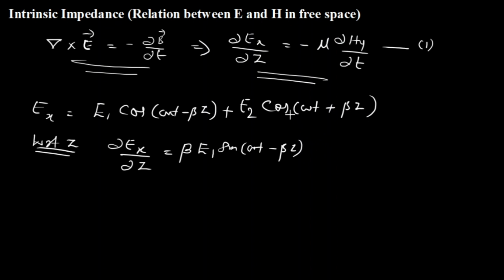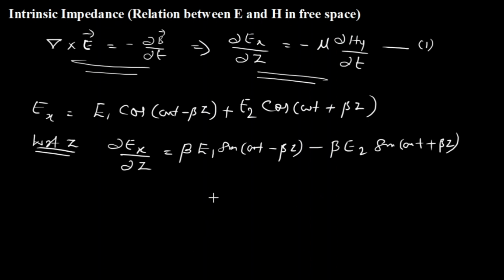The differential of cos is minus sine, so minus sin(omega t plus beta z) multiplied by beta, giving minus beta E2 sin(omega t plus beta z). I hope this is fine.